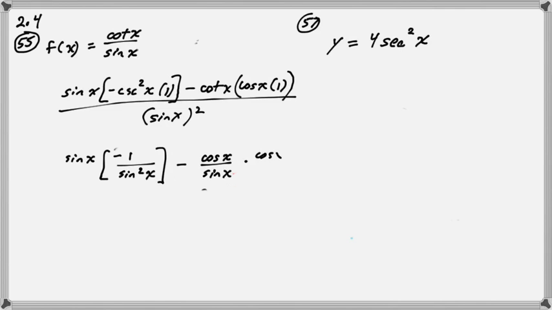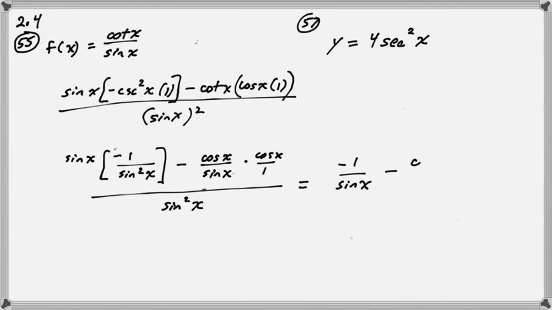Times cosine, and this whole thing is over sine squared. This first one is going to simplify to what? Negative 1 over sine. Here you're going to get cosine squared over sine, and it's divided by sine squared.